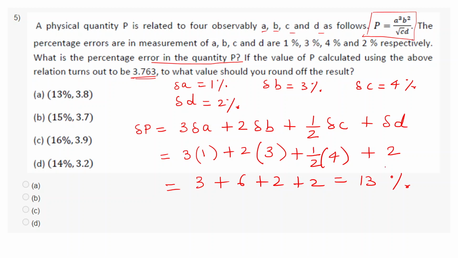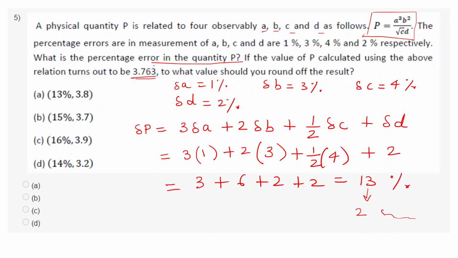It's asking, first we have calculated this, then it's asking that if the value of P using the above relation comes out to be this, up to what value should you round off the result? Since the percentage error is coming out to be 13%, that is, there are 2 significant figures.